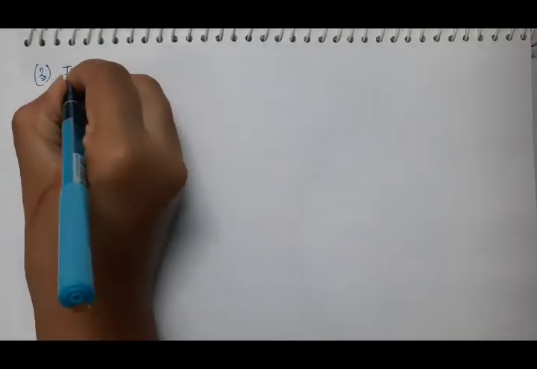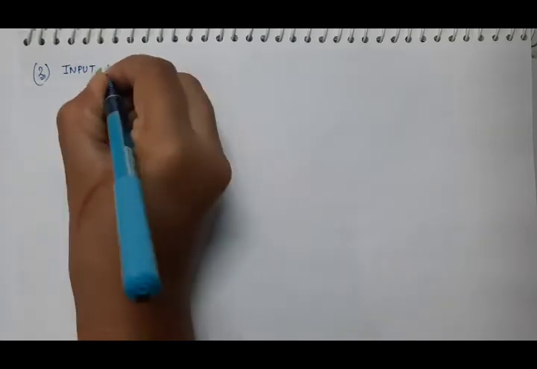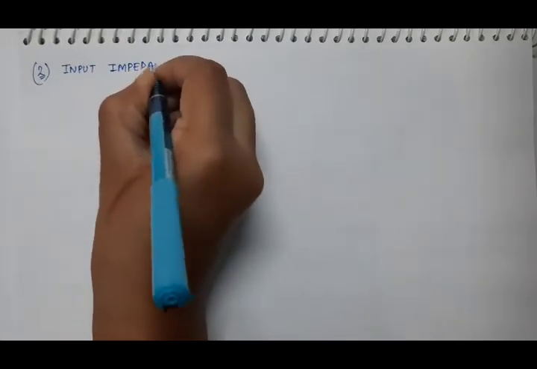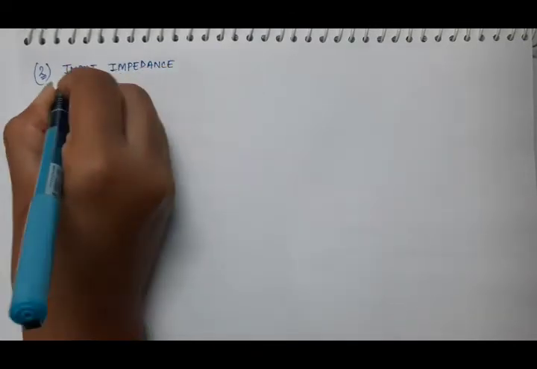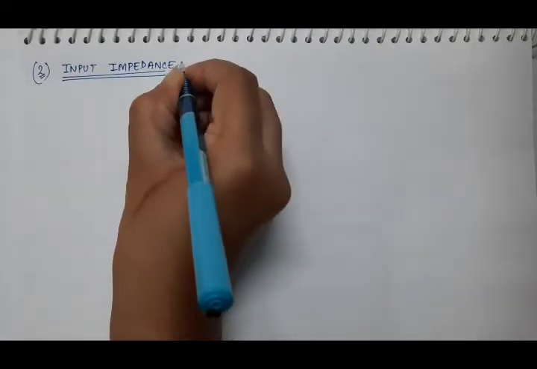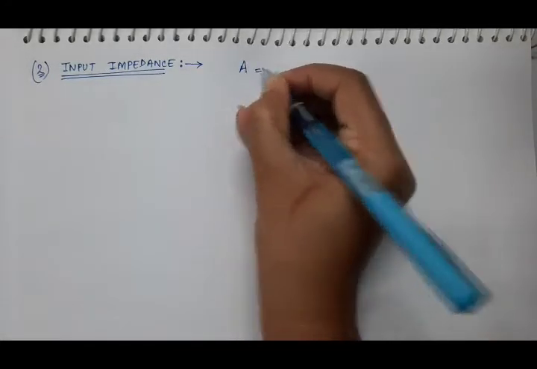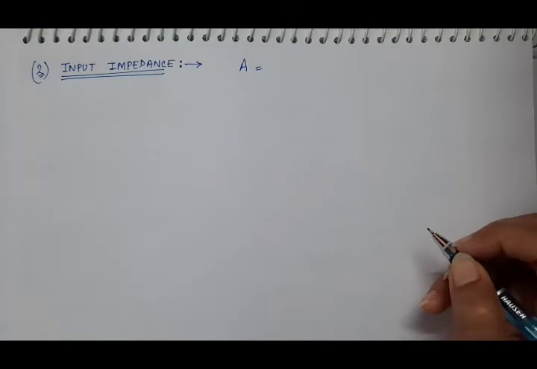Now we'll find out the expression for input impedance with feedback. So for this, what is the value of A, the voltage gain without feedback?